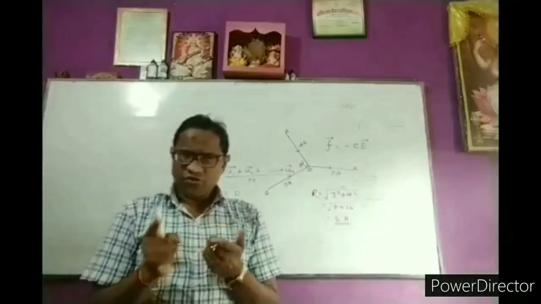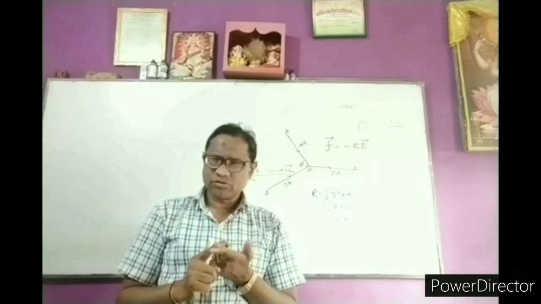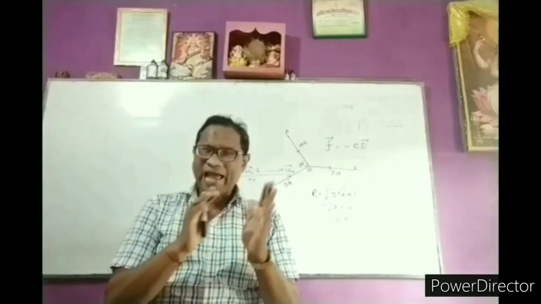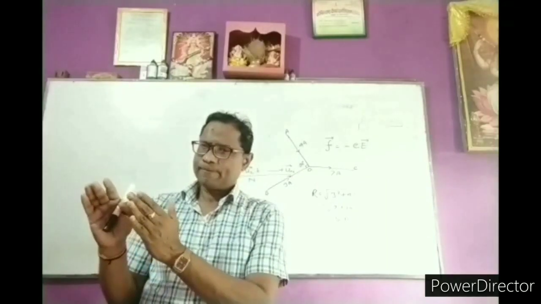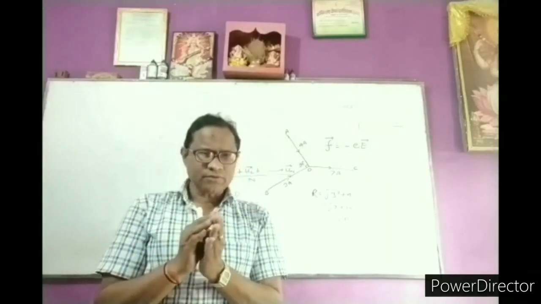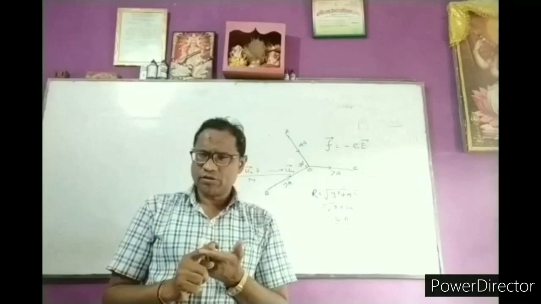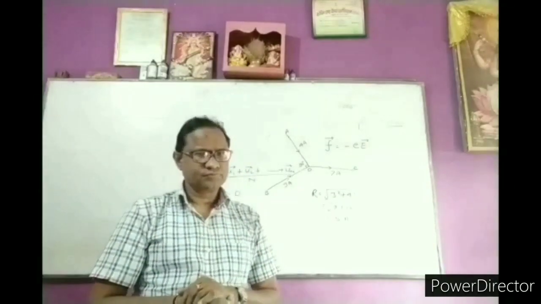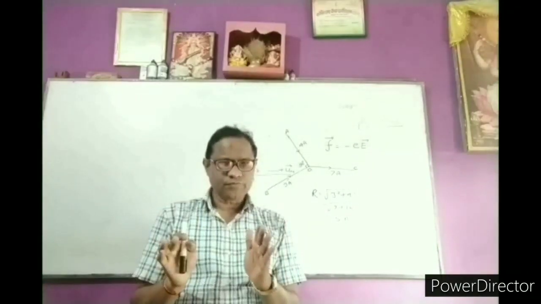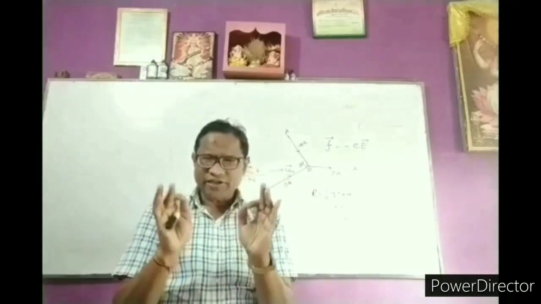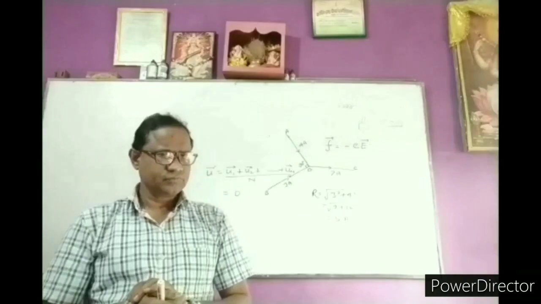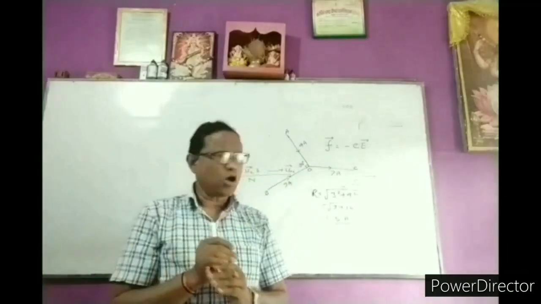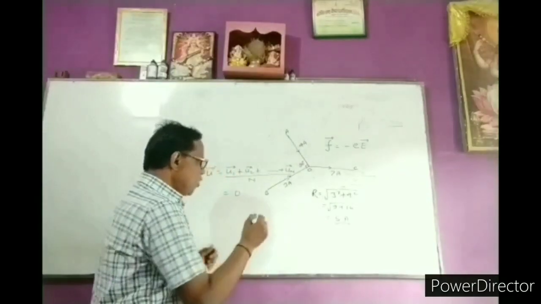Thus, free electrons in the solid conductor are accelerated in the direction opposite to the direction of the electric field. So therefore, there is current in the conductor due to movement of electrons from negative to positive end.